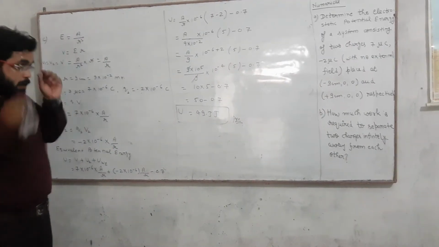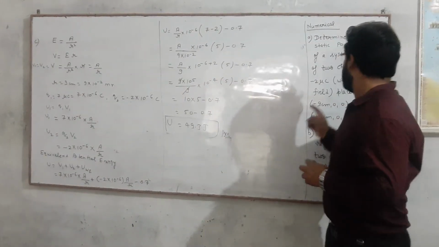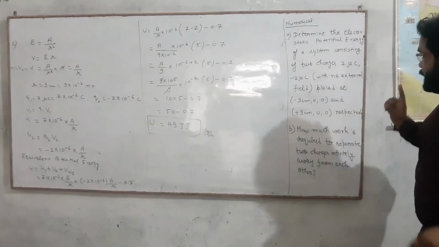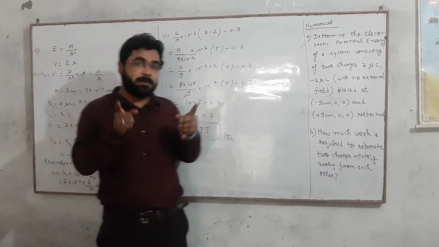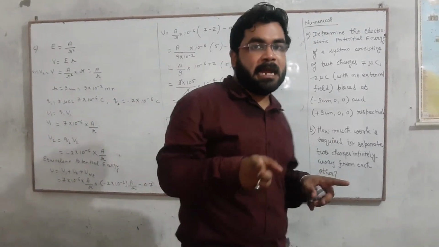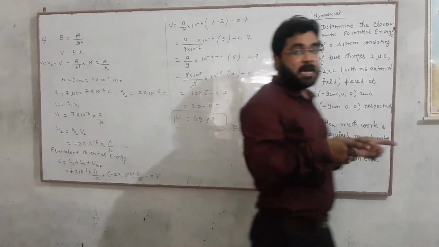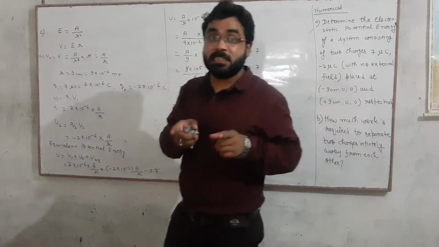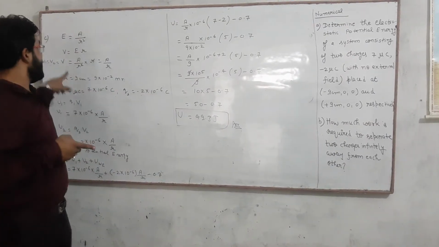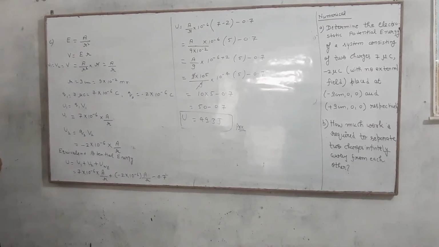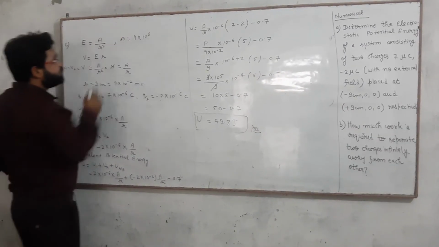So now this is the final U. In the first case, when we found the potential energy, that is without external field. In the second case, we found the work done when the distance between these two charges is infinity. So in that case, W will be 0. In the third case, they are saying that the same set of charges is placed in an external field where E is equal to A by R square, and the value of A is 9 into 10 to the power 5.